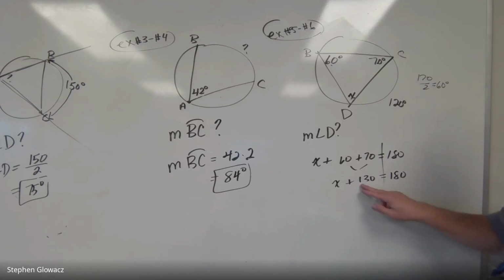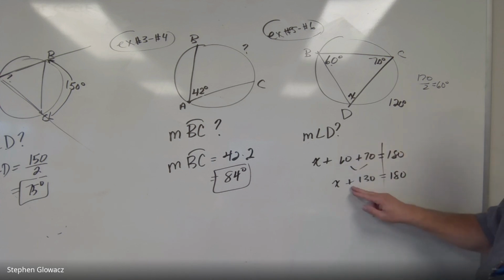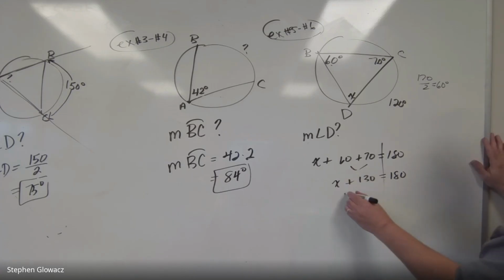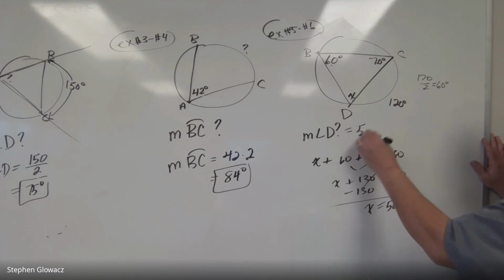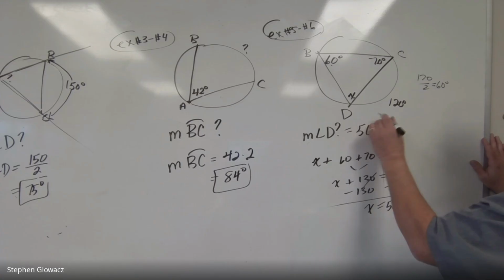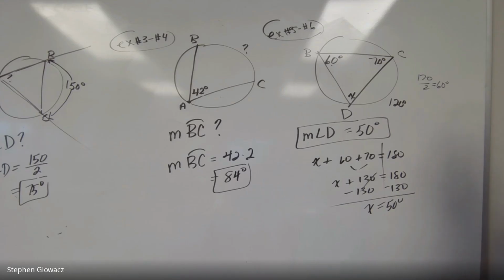To solve for x, which is the measure of angle D, the opposite of adding 130 is to subtract 130. So the 130s cancel out and x equals 50 degrees. So the measure of angle D is no longer a question mark. We know it's 50 degrees.